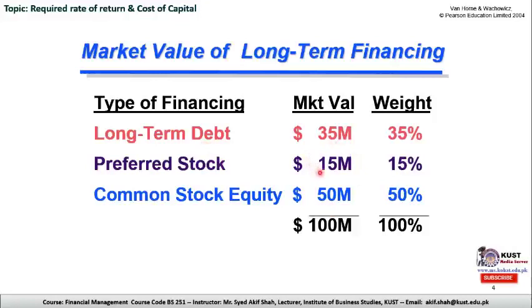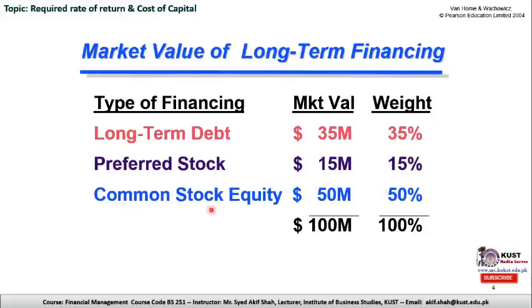Similarly, 15 can be divided by the total capital of 100, and it will give us a 15% weight. And finally, 50 divided by the total amount of capital raised will give us a 50% weight for the common stock equity.